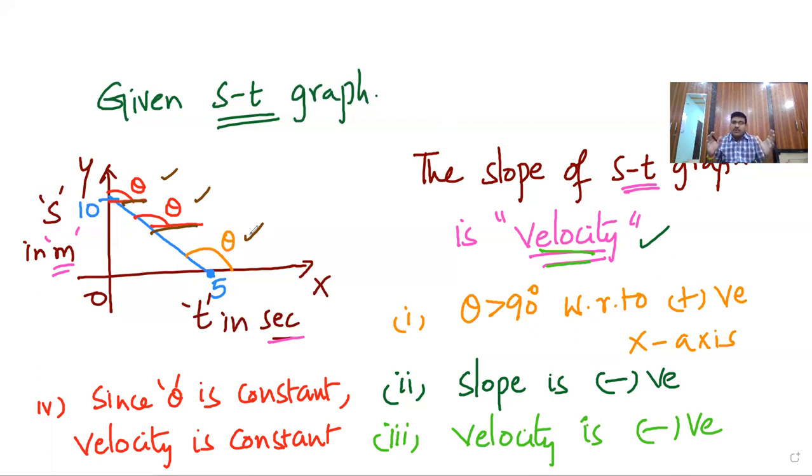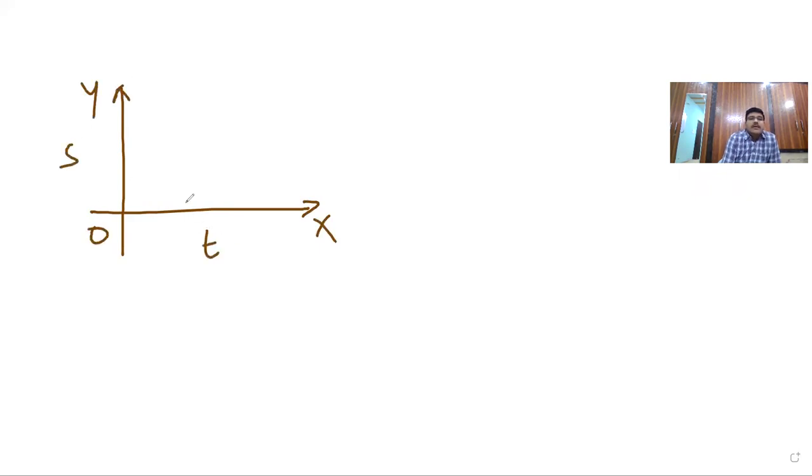So from these four conclusions, now we can plot the velocity versus time. Observe, this is the given graph. X-axis, origin, y-axis, S, T, and the graph is like this, falling down. That is the falling line.